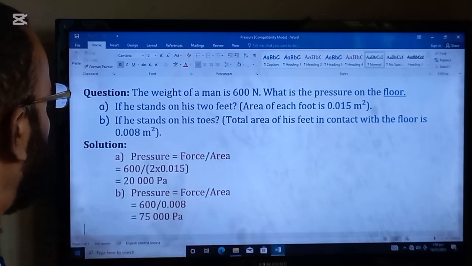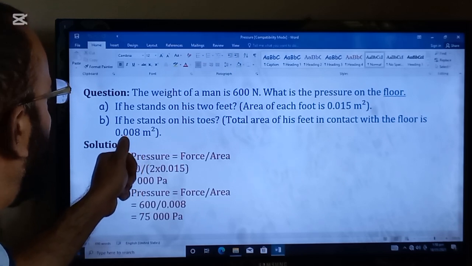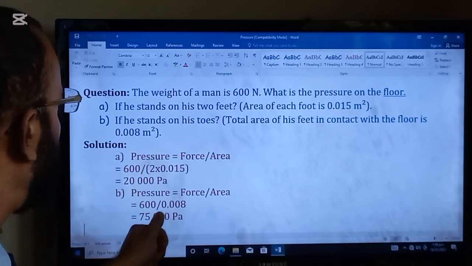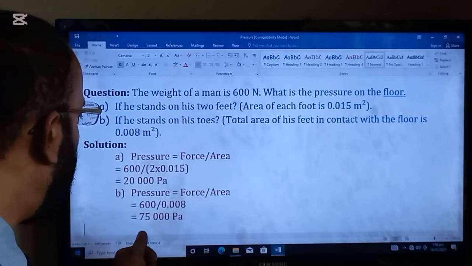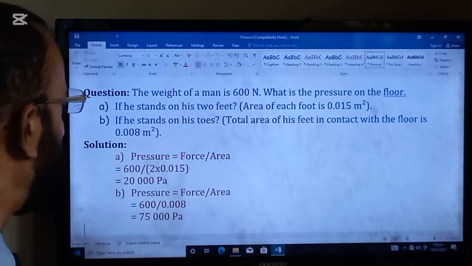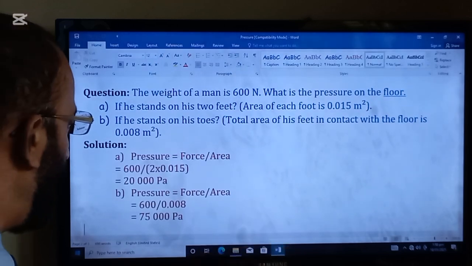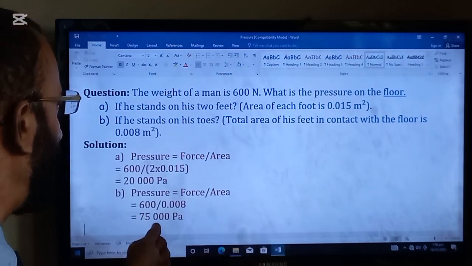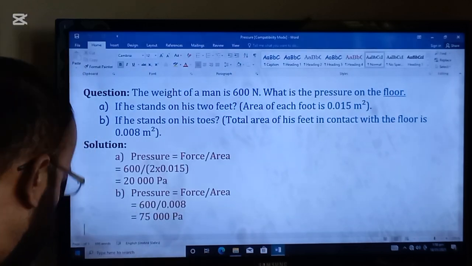Force is the same, but now the area of the feet in contact with the ground is 0.008. Solve it on the calculator. The answer will be 75,000 pascals. So from here you can see if area is reduced, more pressure will be exerted. If area is larger, less pressure will be exerted.